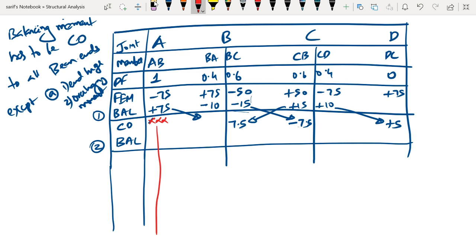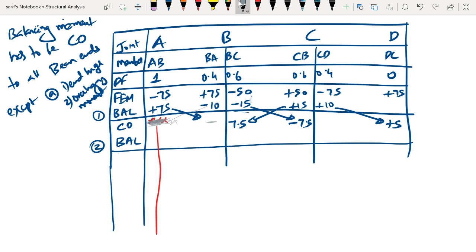Why did we not fill here? Because we will never carry over to an end hinge. So that is the reason why we are not filling anything here. This moment is not carried over to here because there is no carrying over to the end hinge.